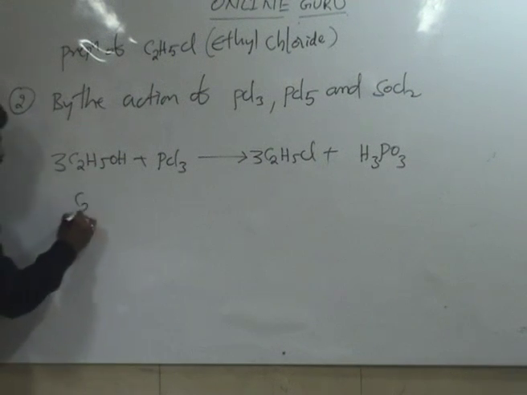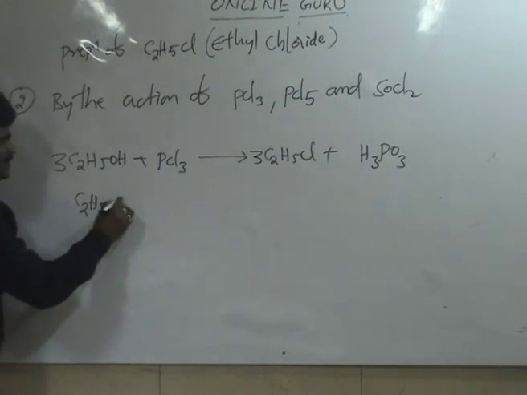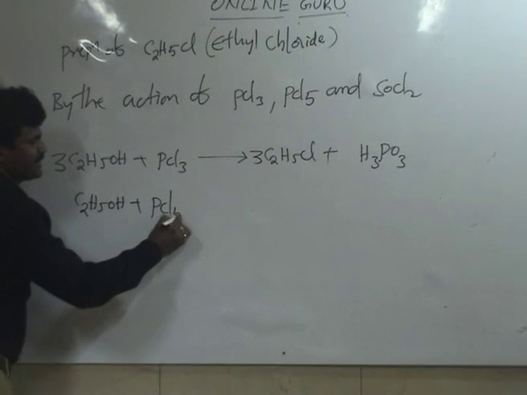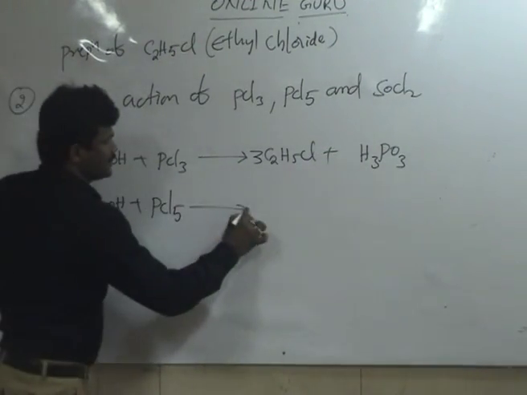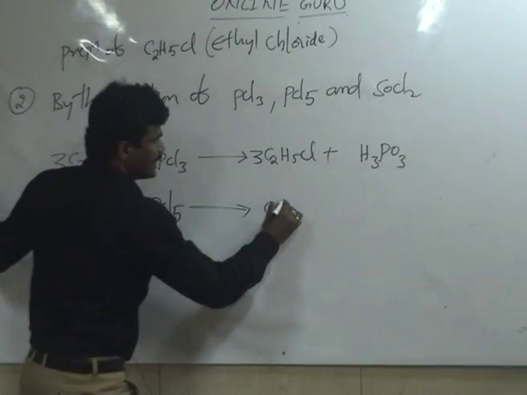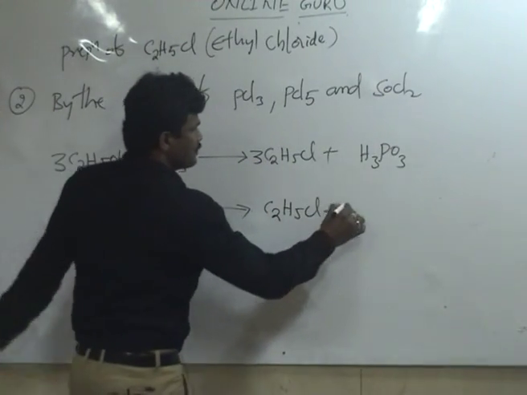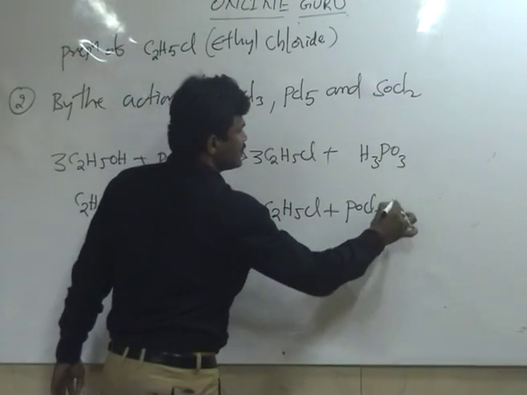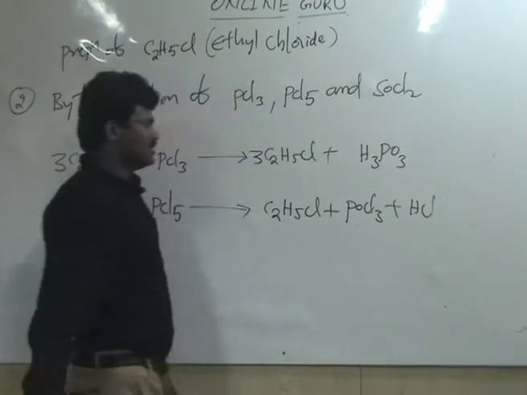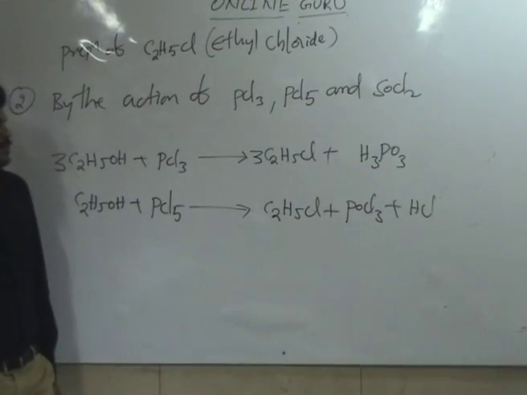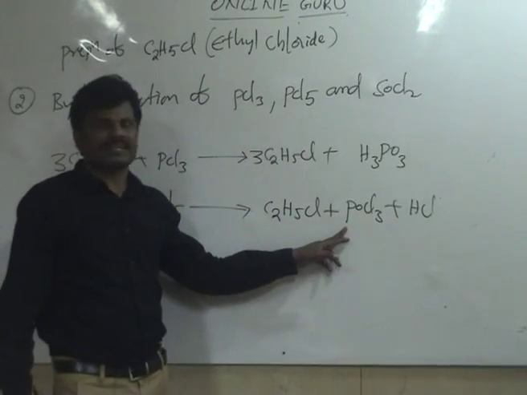Next, ethyl alcohol reacts with PCl5. It produces ethyl chloride plus POCl3 plus HCl. POCl3 means phosphorus oxychloride.